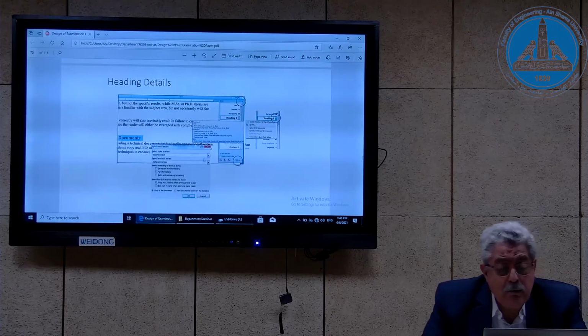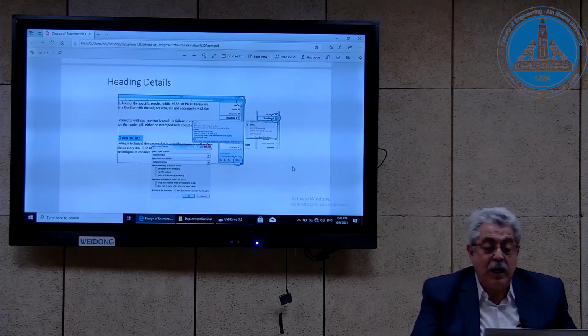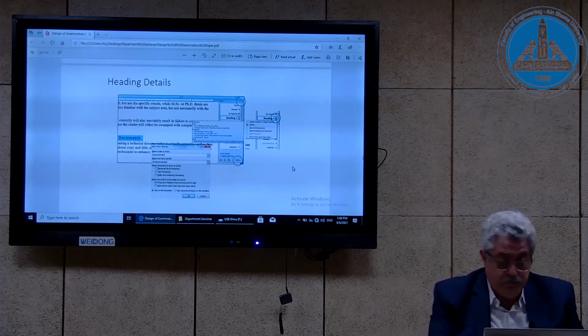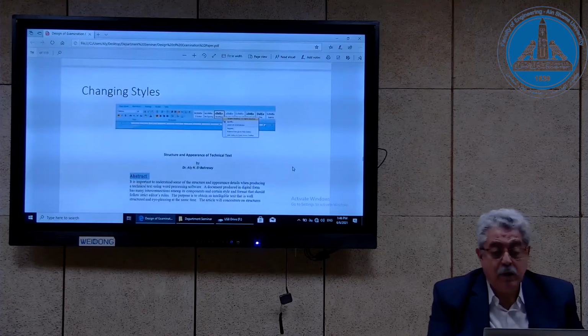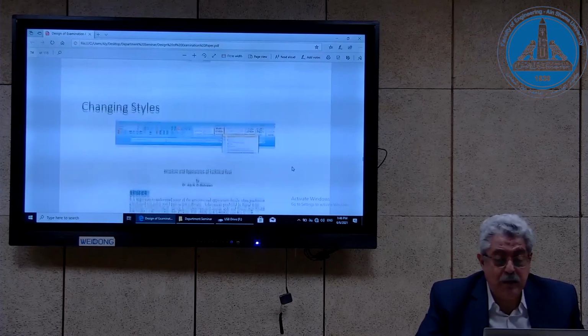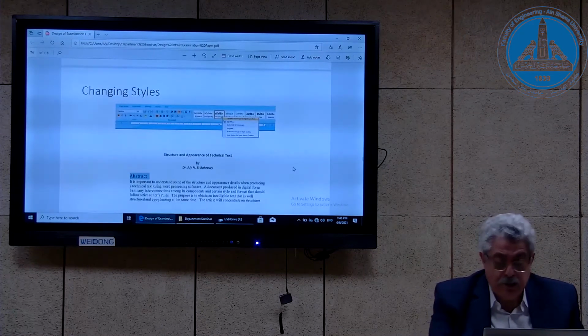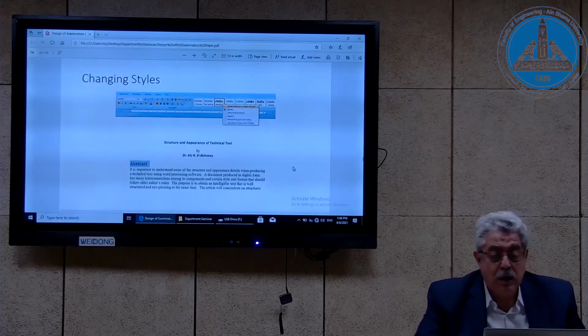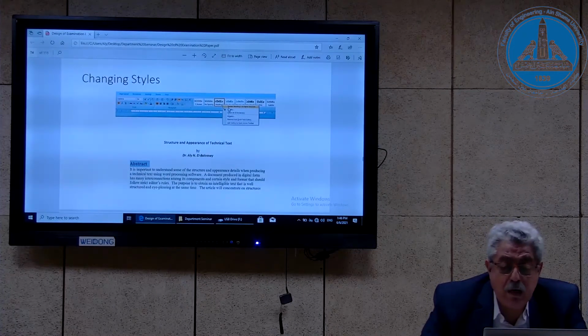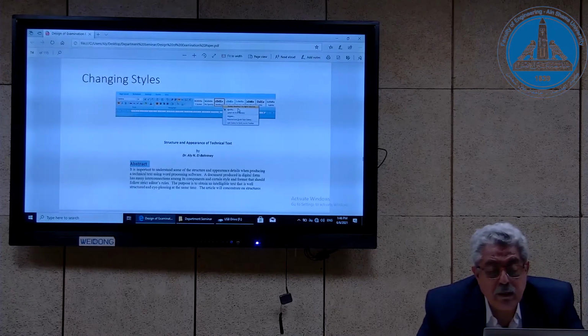Microsoft Word gives us a lot of options to choose from, and also the ability to modify the style used here. This is how to change the style. After I change the style to what I want, I can make a global change by clicking on Update Heading to Match Selection.